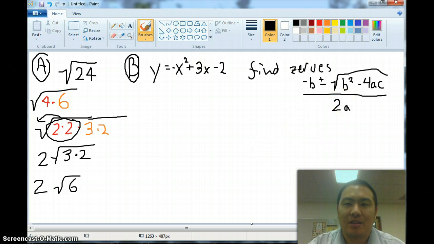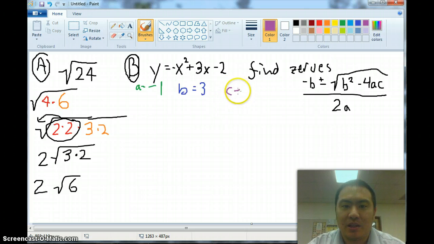Let's go ahead and plug everything in. I'm going to write what A, B, and C are. A is going to be -1, right? If there's a negative in front of the x squared. My B is going to be +3, and my C is -2.